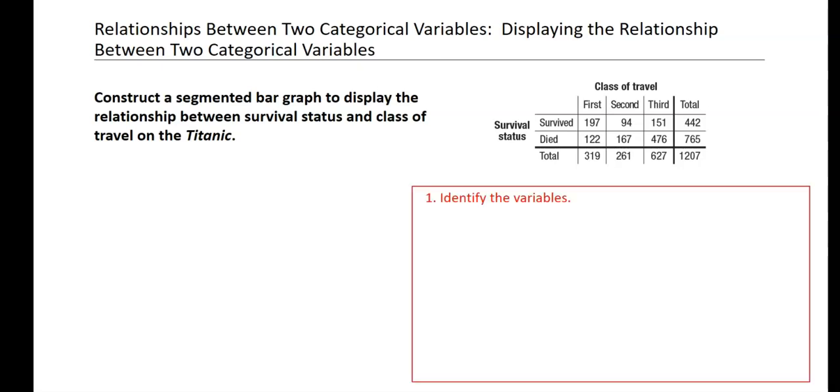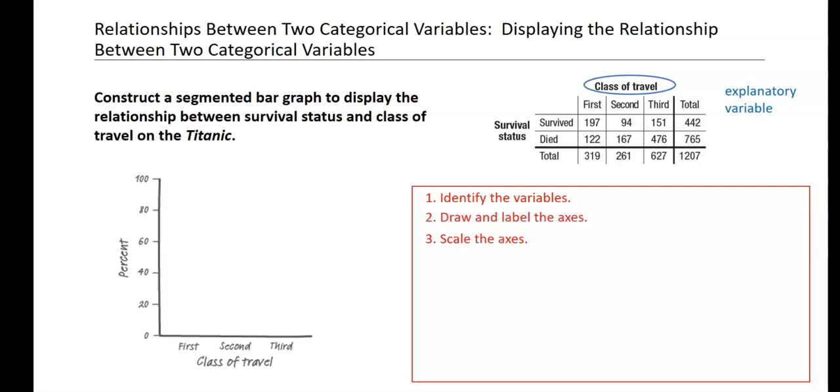So could you construct one? If you want to identify the variables, draw and label the axis. In this case, you're going to make class of travel your explanatory variable. You're predicting whether you survive or not by the class, and actually I think in first class you have a better chance of surviving. Percent is always going to go to 100% for a bar graph like that.